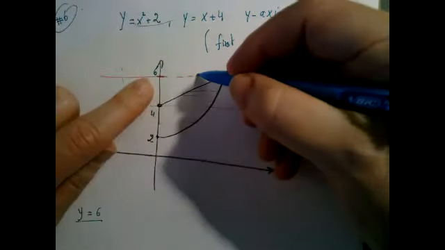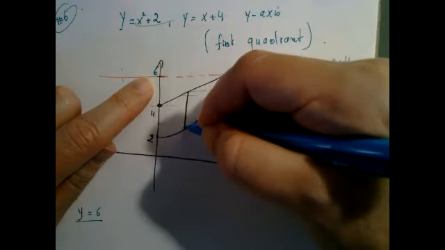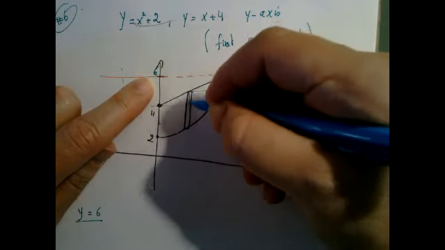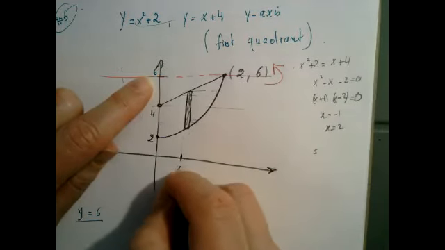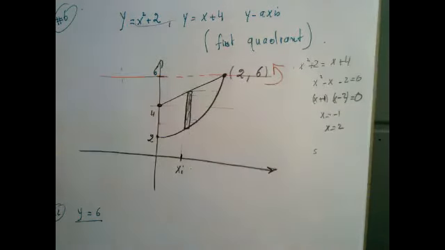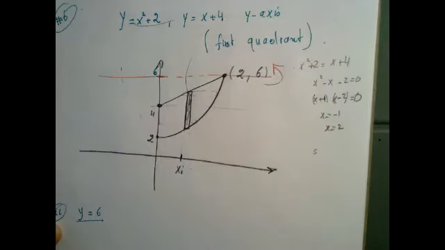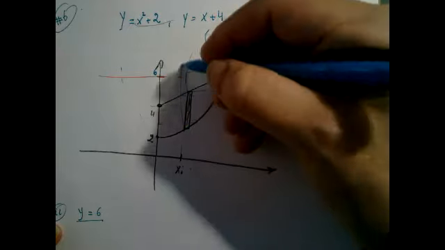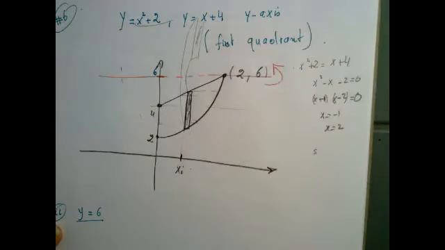Washers mean slices perpendicular to the axis of rotation. It means those horizontal slices. In this case, I need to fix my xi. Washer, so I'm going to rotate this around y equal to 6. That's my rotation.